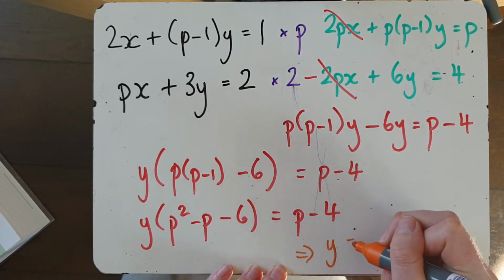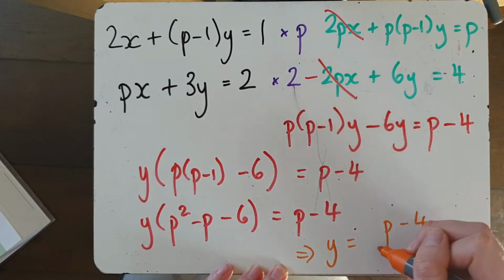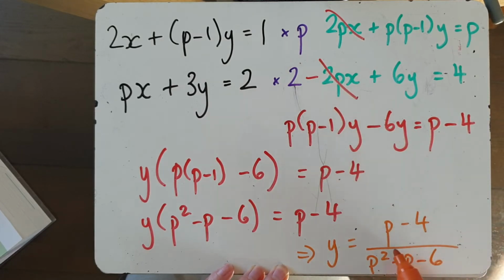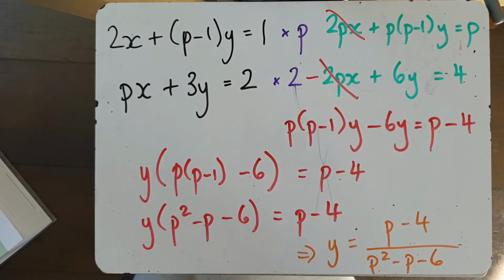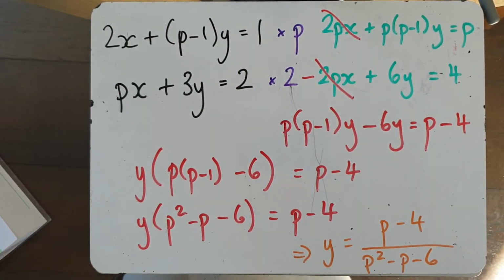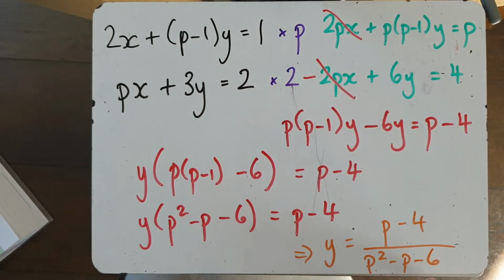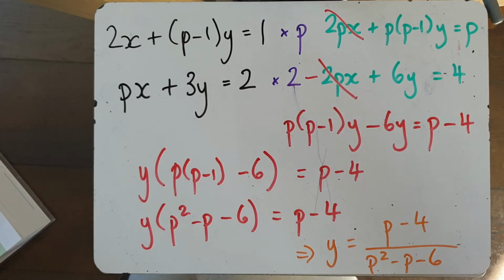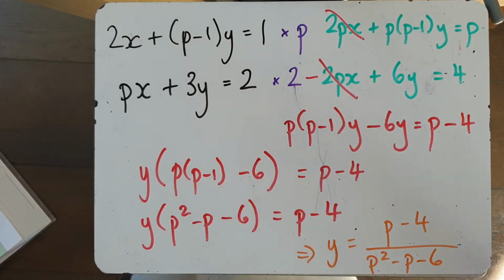If we turn y into (p minus 4) over (p squared minus p minus 6), this cannot be 0 because y would not exist. So if we find the values of p that would make this 0, we know that those can't be the values of p that give the system a unique solution.